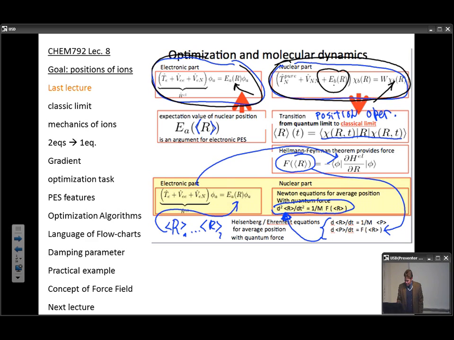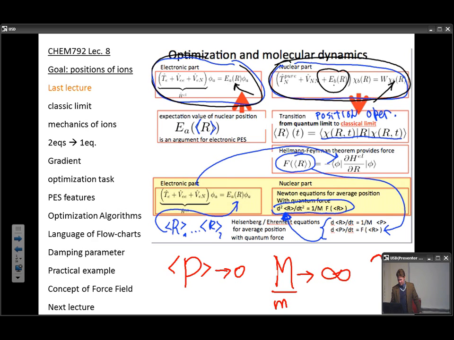Thank you. So right now we are focusing on the ionic part, and we did agree that upon transition to a classical limit, which works well if the velocities or the momentum values are small, if the masses are big, well, not infinity, but in relation to the mass of an electron, then we do not need the ionic wave function.